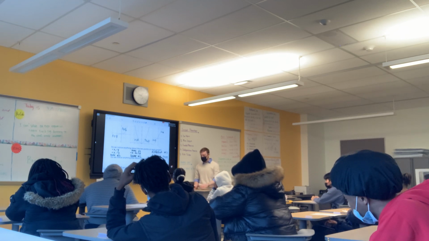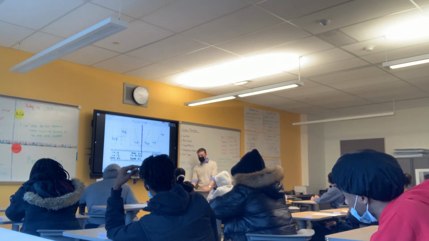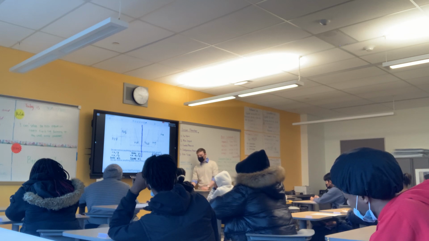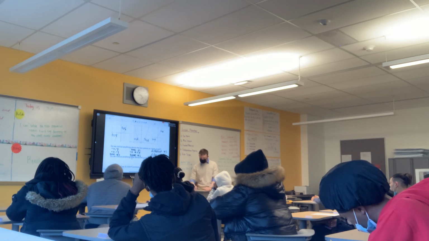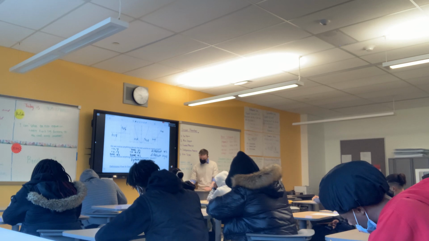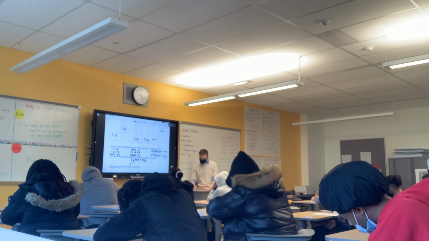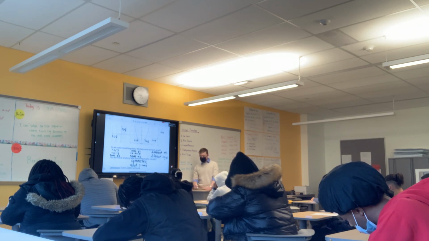If I draw that line, it's an axis of symmetry. Is it symmetrical on the left side and the right side? Yes. So this one is symmetric about the y-axis.